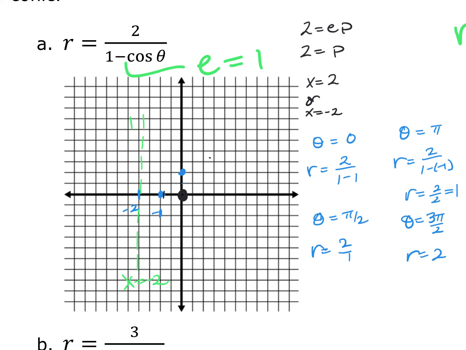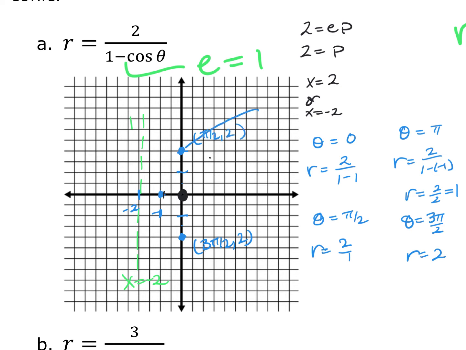So 3 pi over 2 is straight down, and I go out, again making sure I scale this 1, 2. So this would be the point 3 pi over 2, comma 2. Let me scale this right. And this would be the point pi over 2, comma 2.